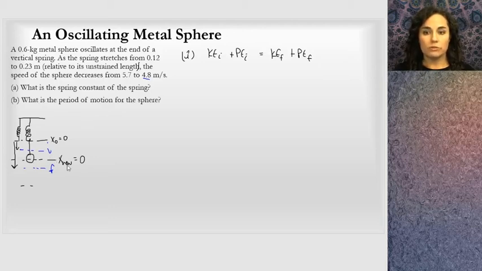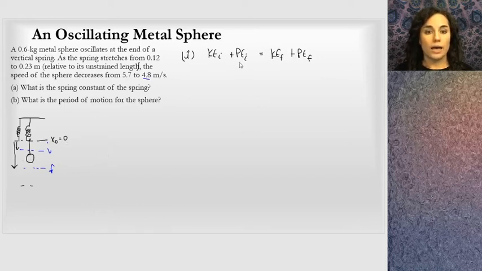If we were measuring from the new equilibrium position, we wouldn't have to consider gravitational potential energy in this equation because it would already be considered in the new equilibrium position. That mass has gravity acting on it and it pulls it down, and there would be a new equilibrium position. But that's not the case we have. The case we have is that these displacements are measured from the original equilibrium position.